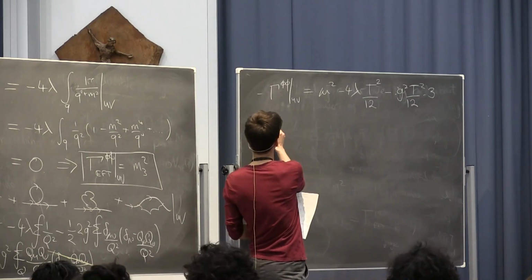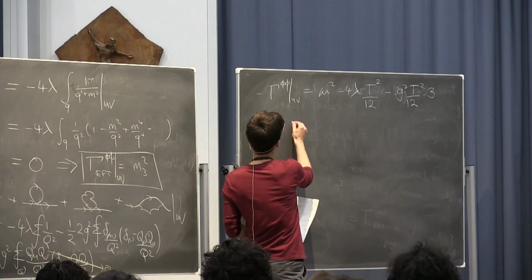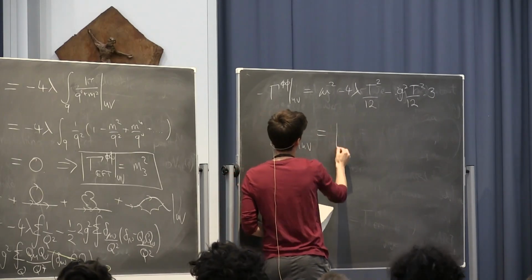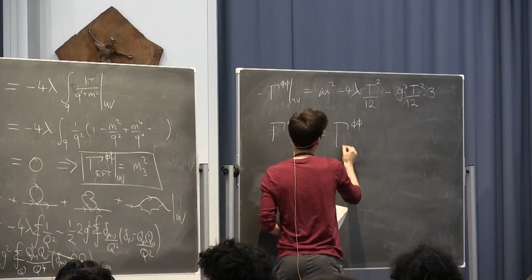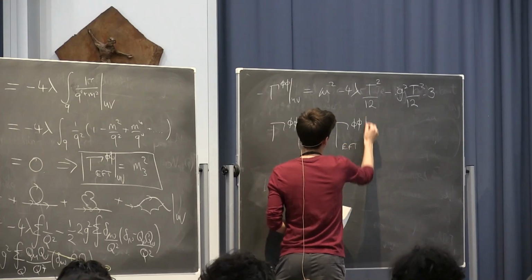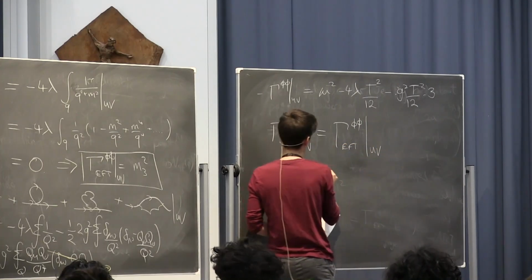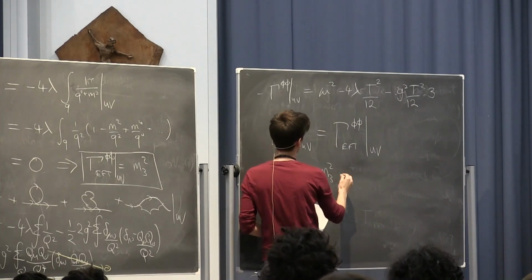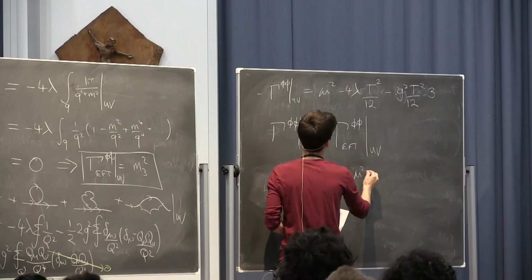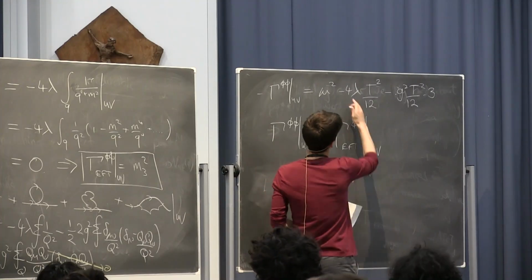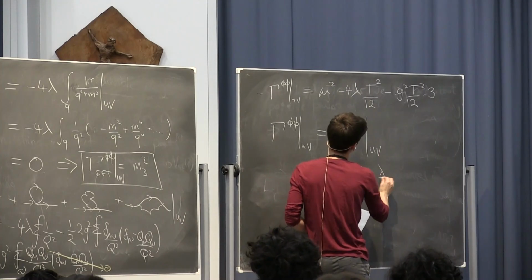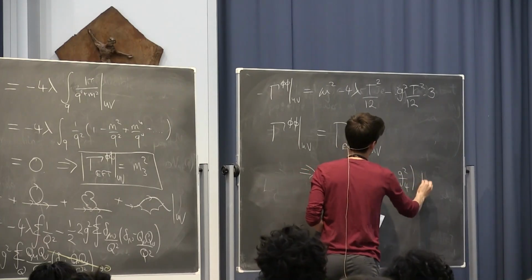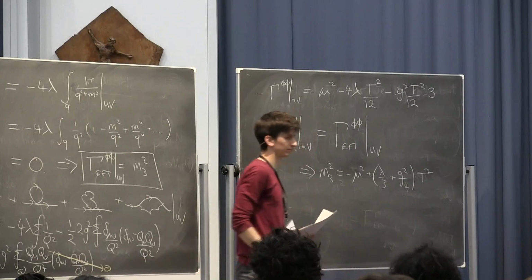And now if I match these two, I will find m3 squared is minus this lot: lambda on 3 plus g squared on 4 T squared.